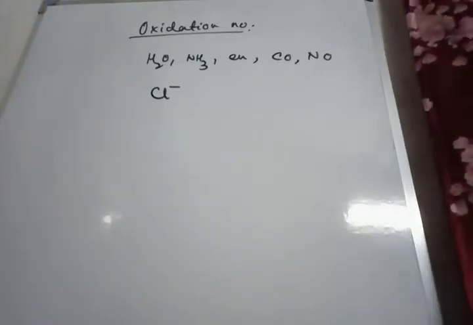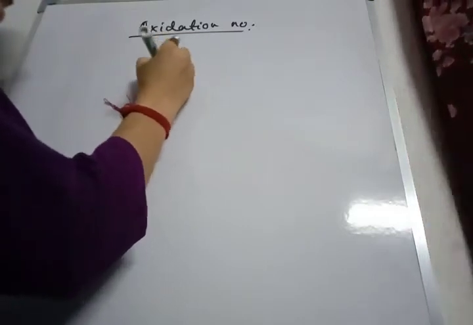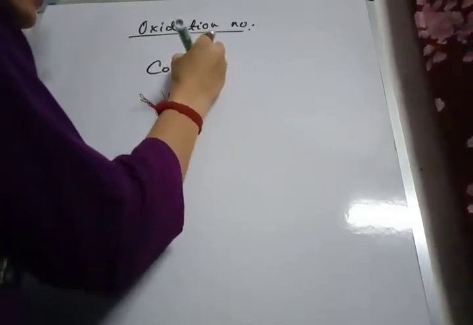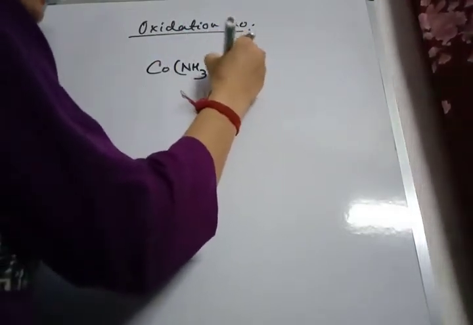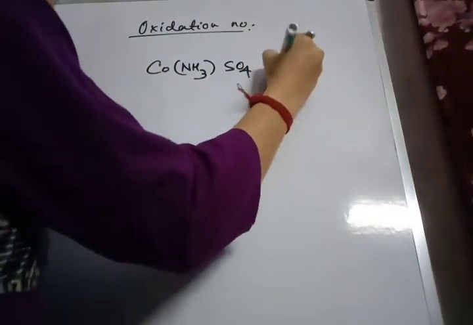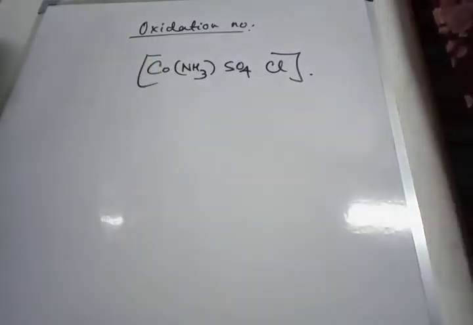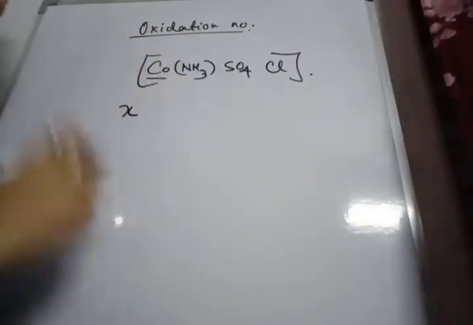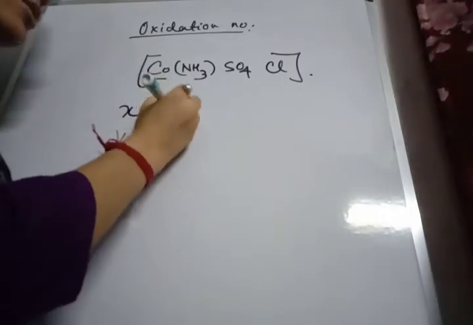So let's do some examples of how to calculate the oxidation number of the metal. Cobalt. Okay, find out the oxidation number of cobalt in this complex. So let the oxidation number of cobalt be X. Ammonia, it's a neutral ligand, so its oxidation number is 0.